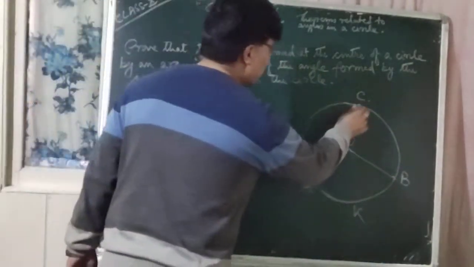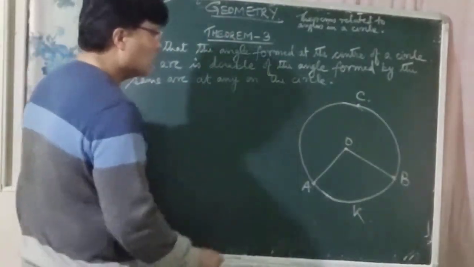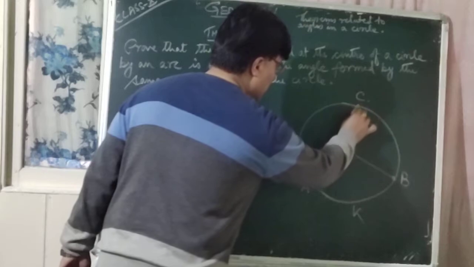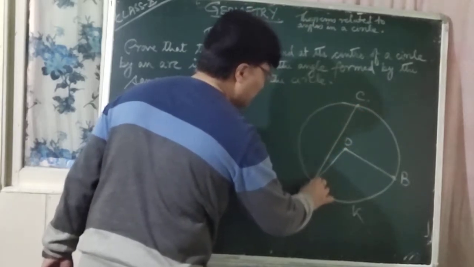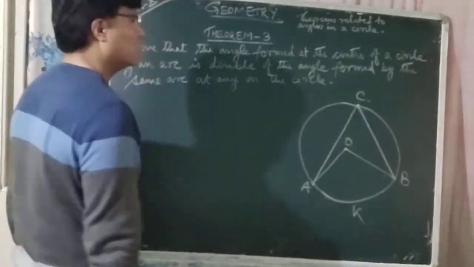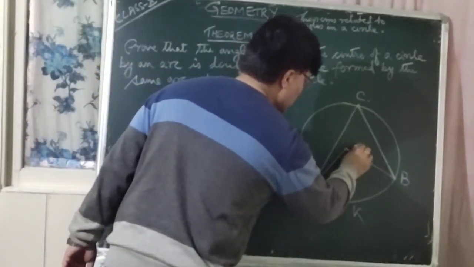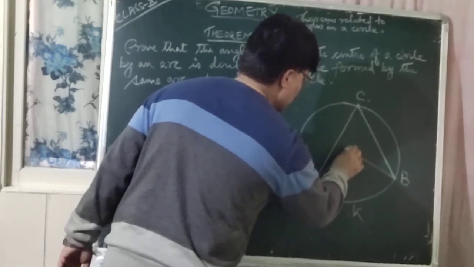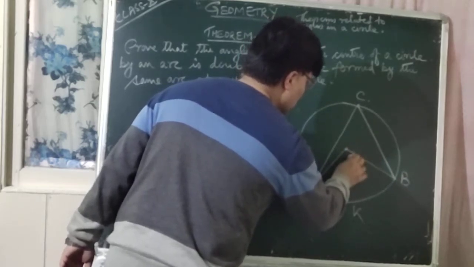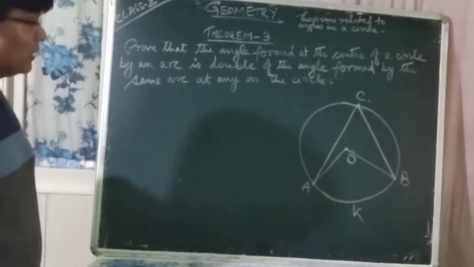So let us take any point C on the remaining part of the circle. Here also let us join AC and CB. Is that clear now? This point is O, the center of the circle, right?